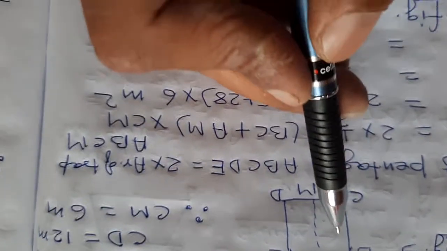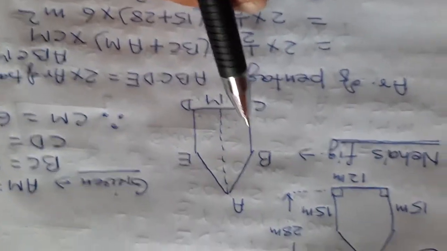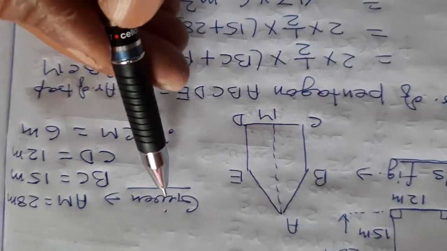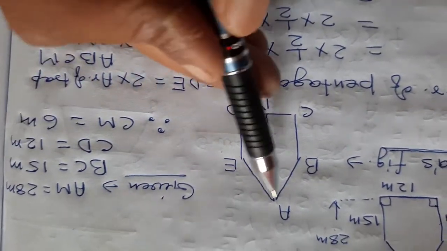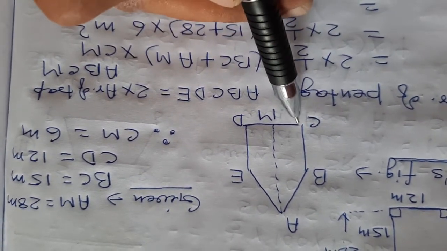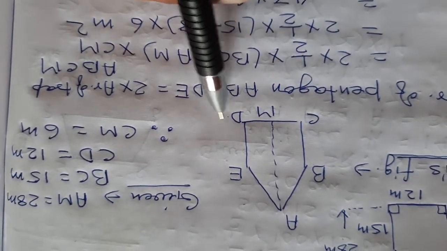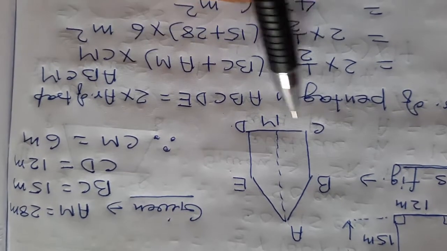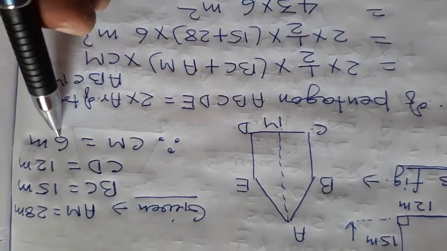So here in Neha's figure, given AM is equal to 28 meter, BC 15 meter, CD 12 meter, therefore CM 6 meter.